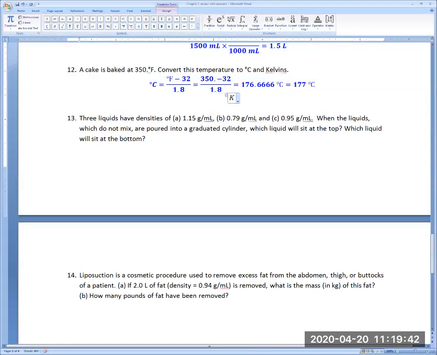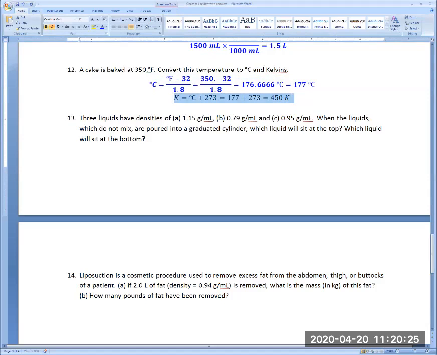It's just Kelvin K equals degree Celsius plus 273. So here you keep this precision to the degrees, to the ones place. So 177 plus 273 is 450 Kelvin. So again, Kelvins have no degree symbol. They're just capital K.